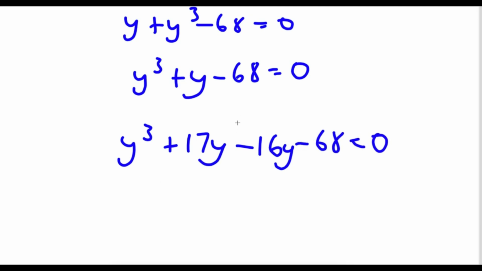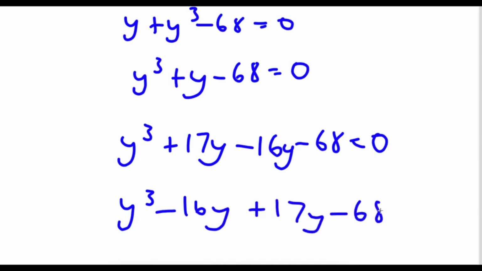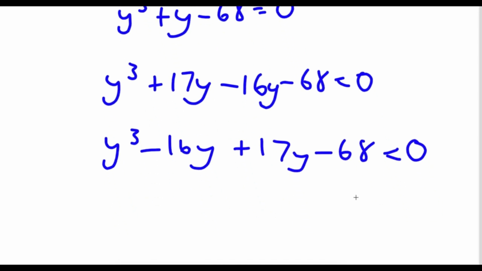Now I'm going to factor by grouping. Sorry, I made a mistake. Before doing that, I'm going to first rearrange the order. So now I'll have y to the power of 3 minus 16y plus 17y minus 68 is equal to 0.